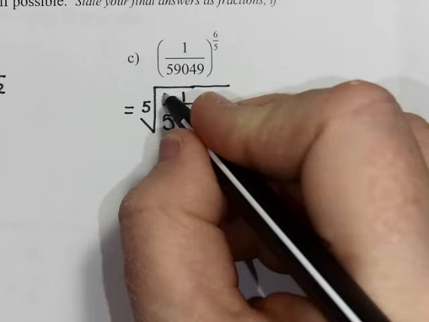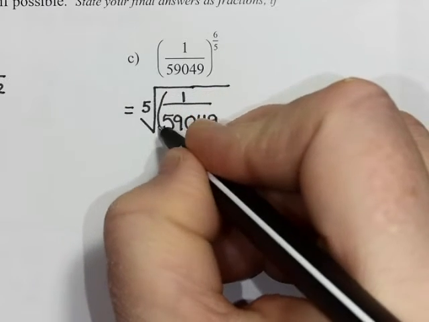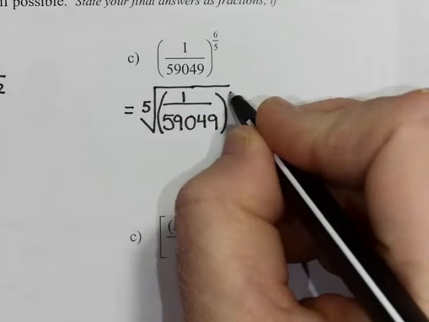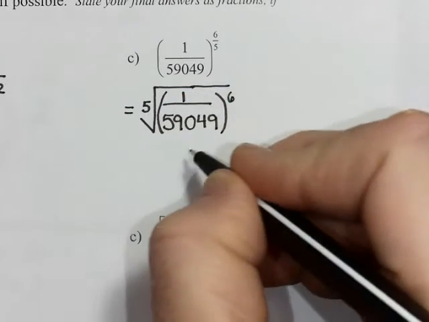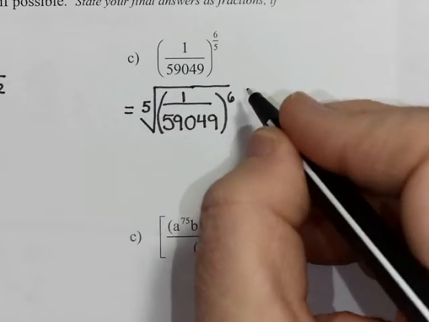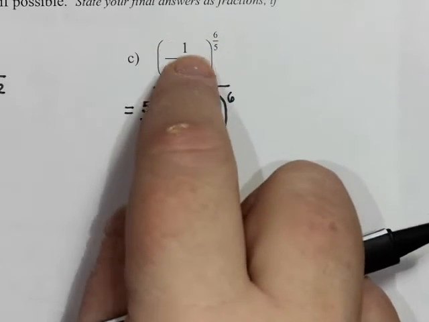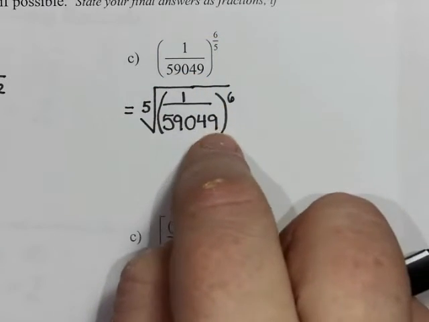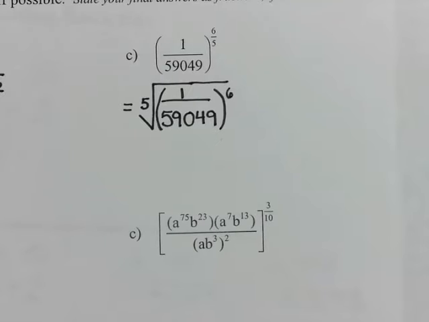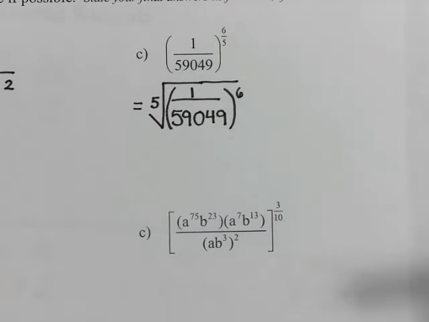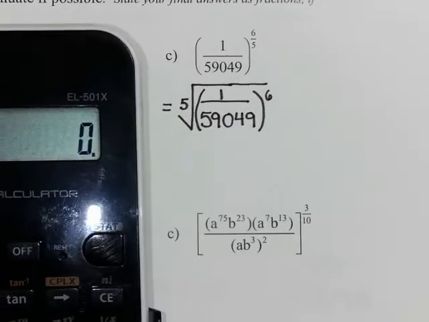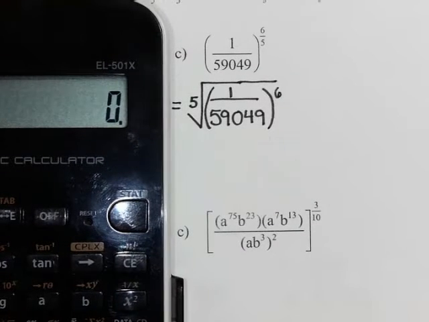Now, to do the power of 6, I need to either put a bracket around the fraction to the power of 6, or I need to put a bracket around the whole thing and then to the power of 6. So I had a bracket originally to show that it was on the numerator and the denominator, so you still need to have a bracket there. Okay. So on this calculator, I'm going to have to do this in 2 parts.